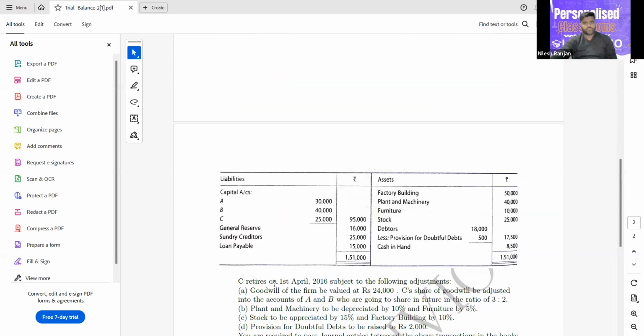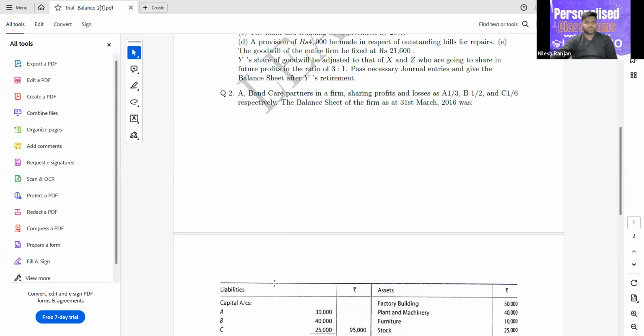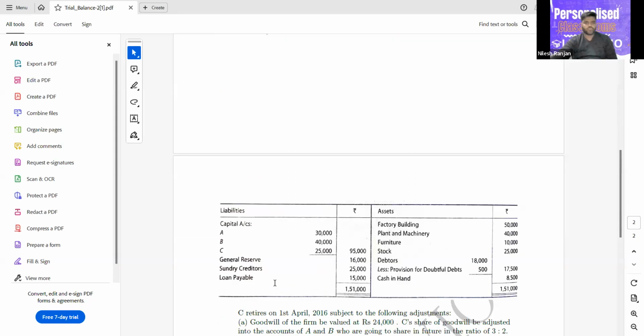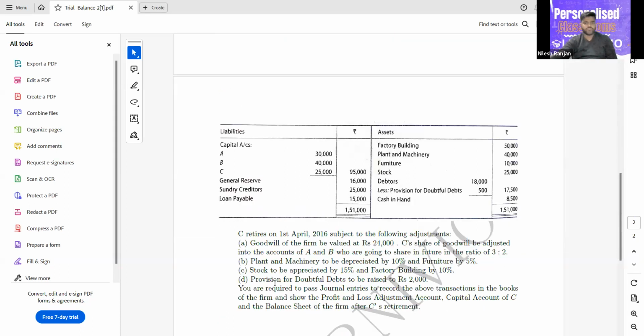Can you prepare question number 2, revaluation account? Okay, sir, I'll do it.